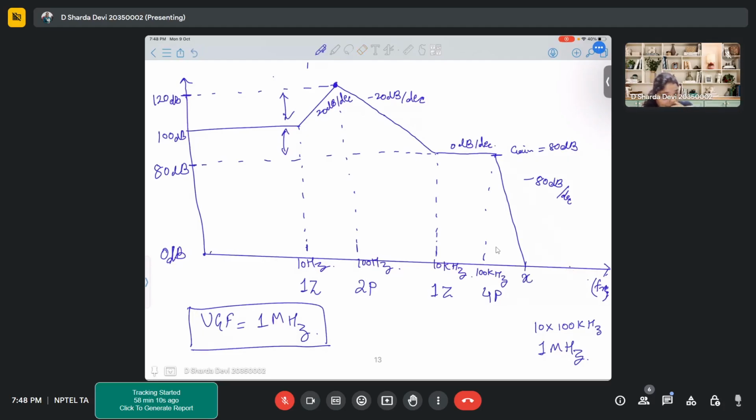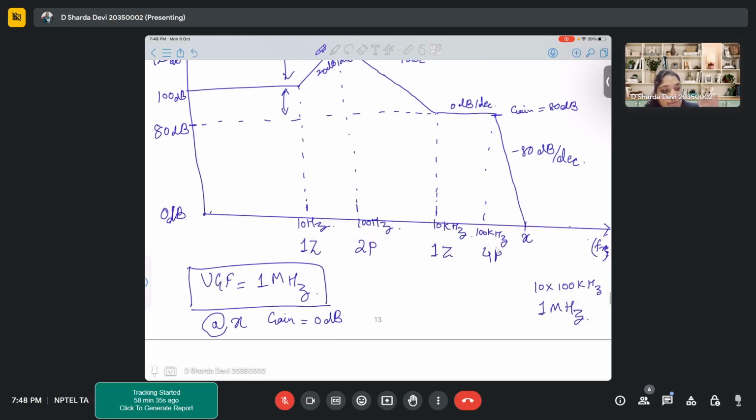This is X, right? The slope is minus 80 dB per decade. This is clear. Now I'm saying that at X frequency, your gain is 0 dB. Correct?